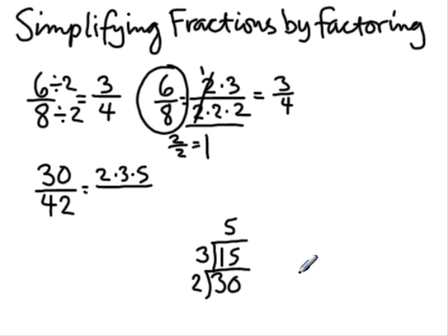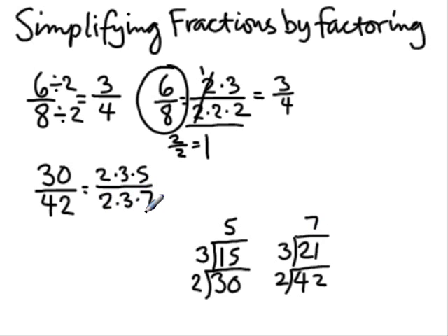And let's do the same thing for 42. 2 will go into 42 21 times. 3 will go into 21 7 times. So the factors of 42 are 2, 3, and 7.